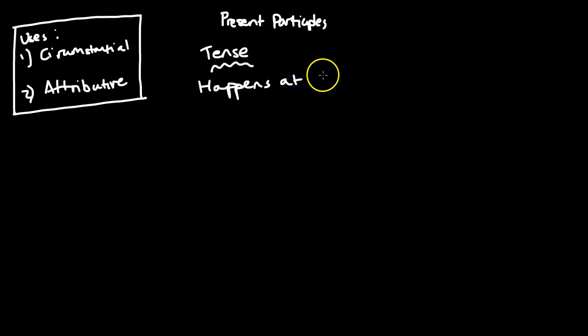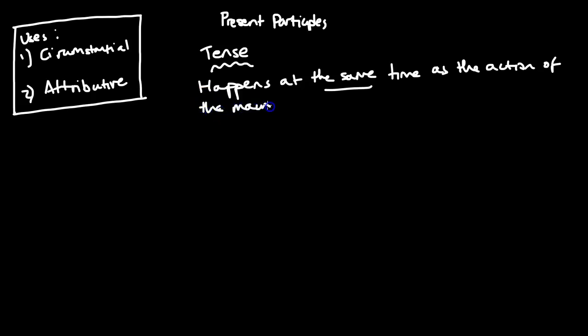That is the rule, and it's pretty much the only rule you need to bear in mind when translating the present participle, both from Greek into English and English into Greek. So, it happens at the same time as the action of the main verb.